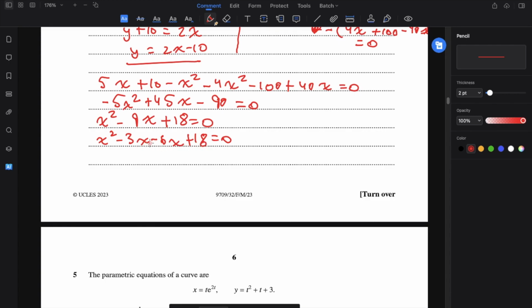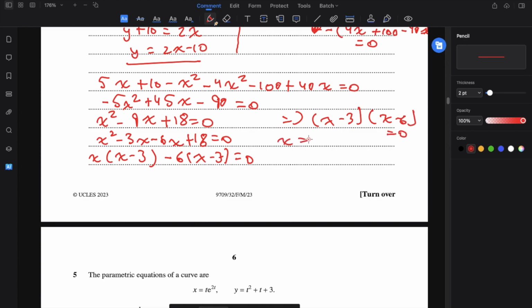So that's how you split the middle term. Then x minus 3, minus 6, x minus 3 equals 0. So we get x minus 3 and x minus 6 equal to 0.